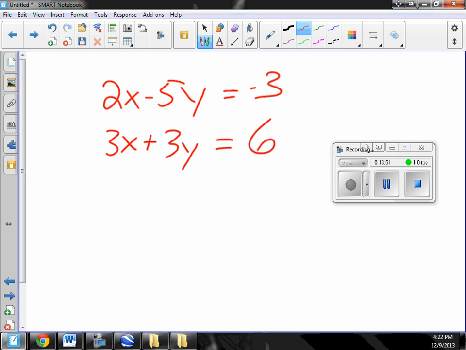So if you look, there's really no easy way to eliminate the x's or the y's. The y's do have different signs, so I'm going to pick the y's, but you could pick the x's. And I need to create two new equations. And the only way to make the y's cancel is to find a number that 3 and 5 both go into. 3 times 5 is 15, so I need to times the top by 3 and the bottom by 5.